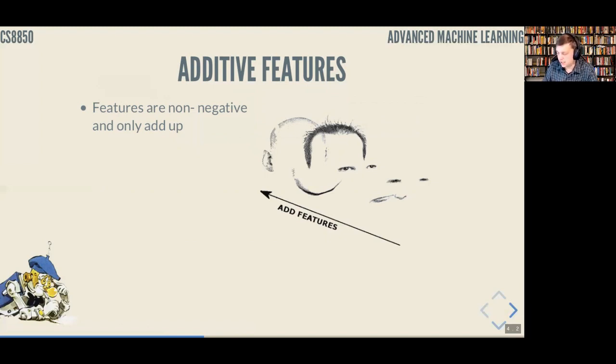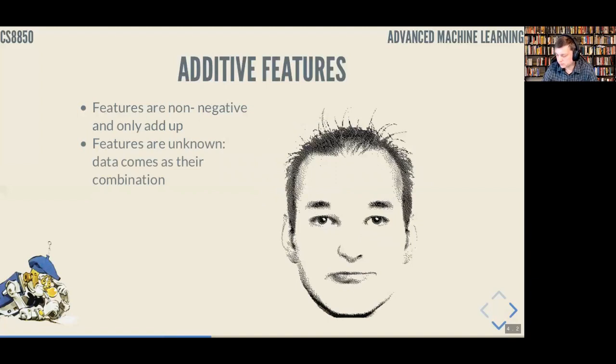If you have different eyes, noses, eyebrows, you can only add them, like when you shine light through film. Those features are additive. But they're unknown. You know they're additive, but all you have is the result, and you don't know which features were added together. Can you extract the features and their weights that will reconstruct any possible face?